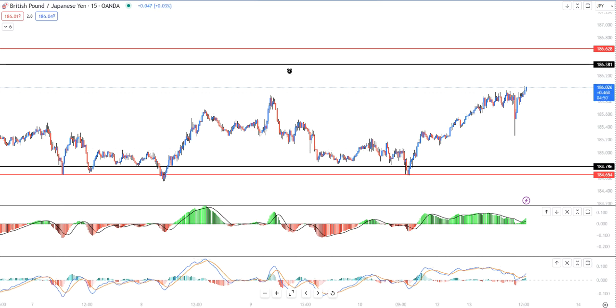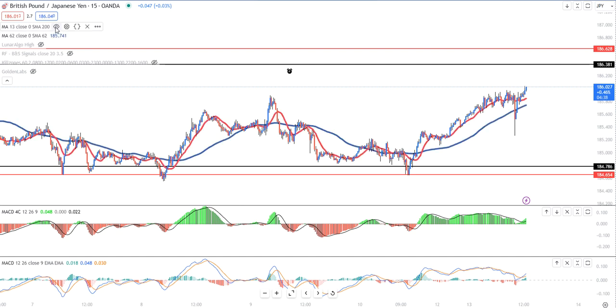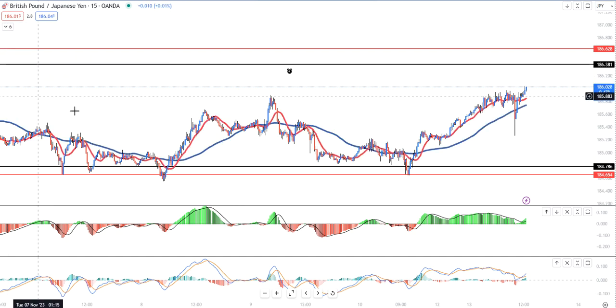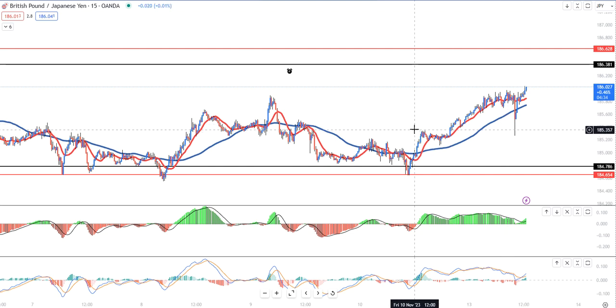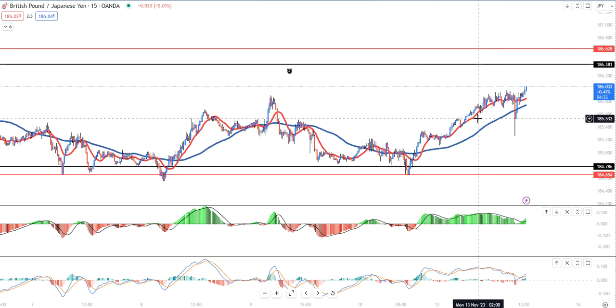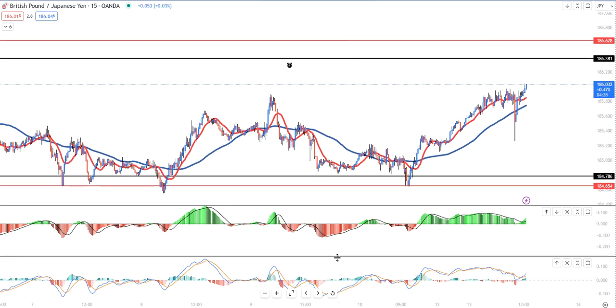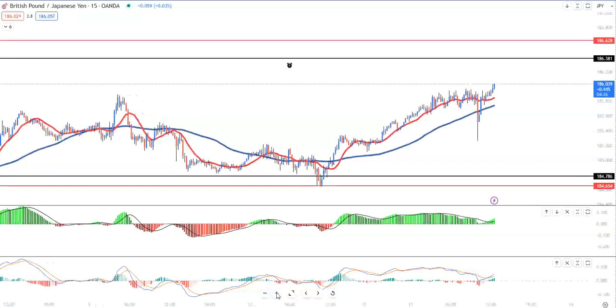I also use my 13 and my 62. Okay. And I throw this on when I get ready to look for my entry, right? Because I like to keep my charts clear and clean for mental clarity, right?